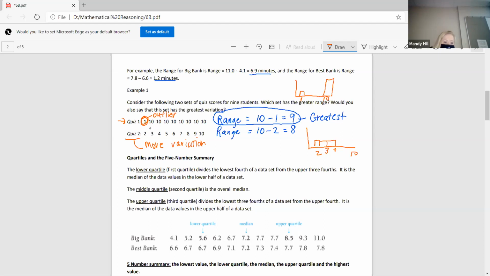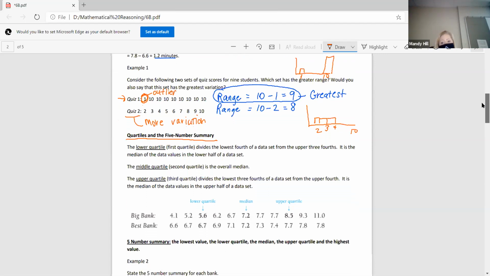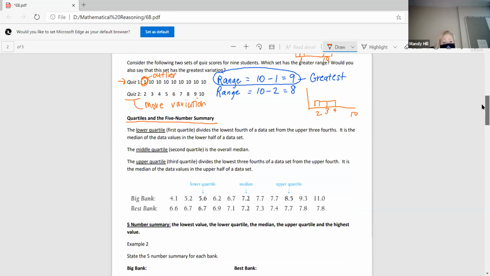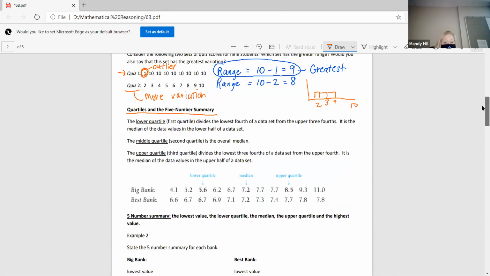Now this thing that we're fixing to talk about is how to draw a box and whisker plot. Okay, so I'm going to show you how to do it by hand first, and then I'm going to show you how to do it on the calculator next. Because all the information that we typed in the calculator is still there, and it gives you all of these numbers.